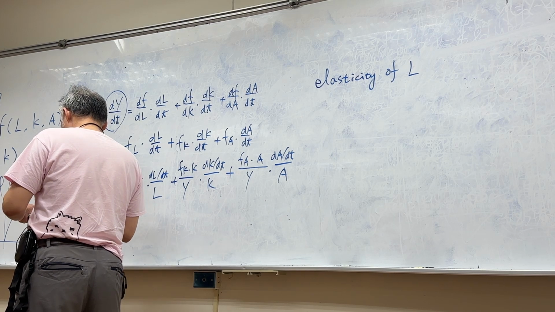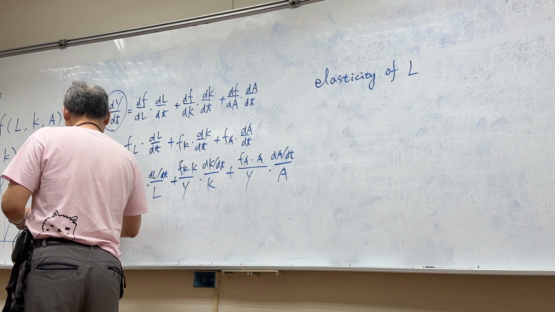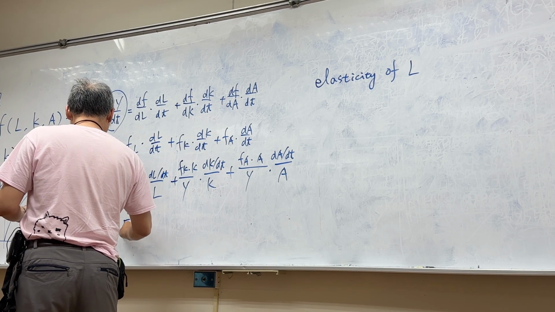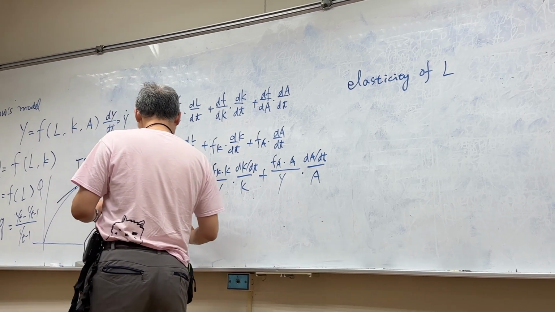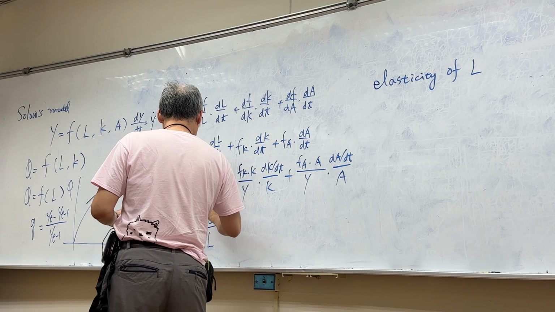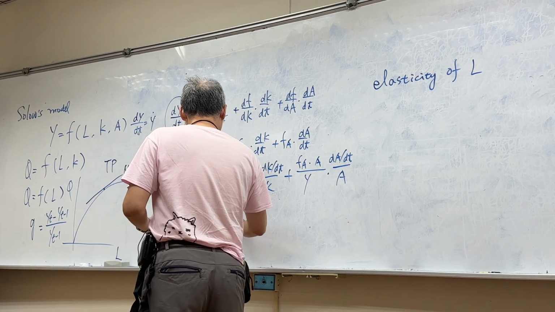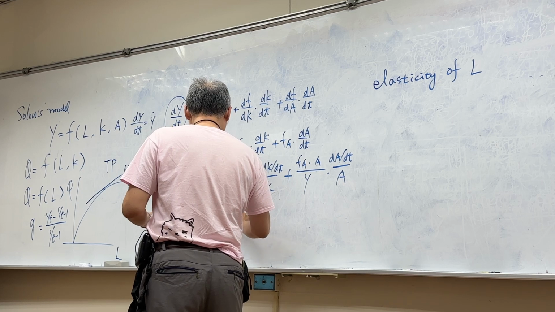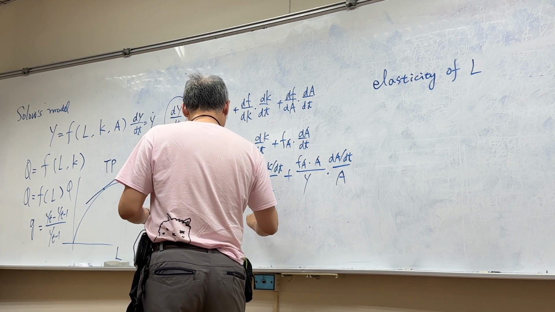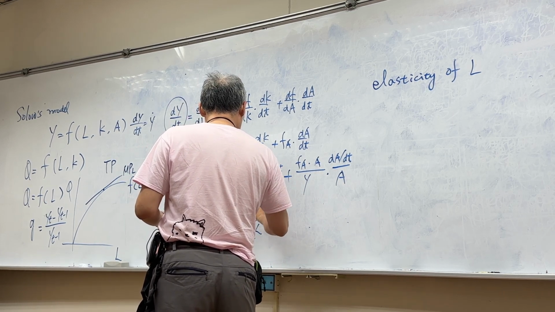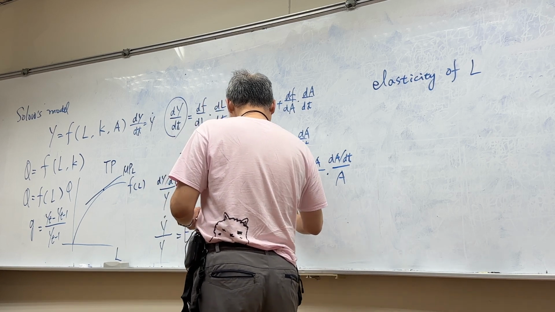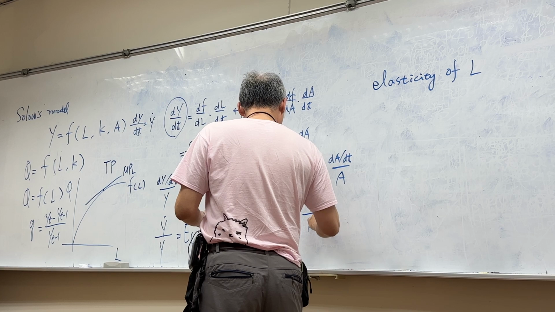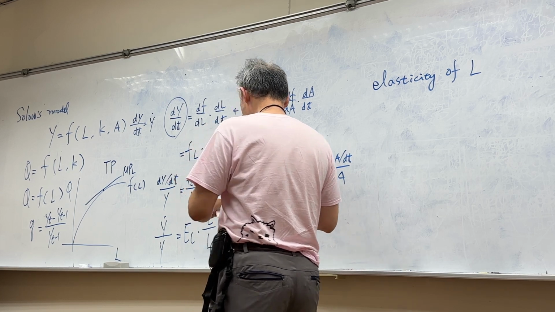Y dot is equal to E_L times L dot, plus here you have E_K, elasticity of capital, and here is K dot, plus E_A, and then A dot.